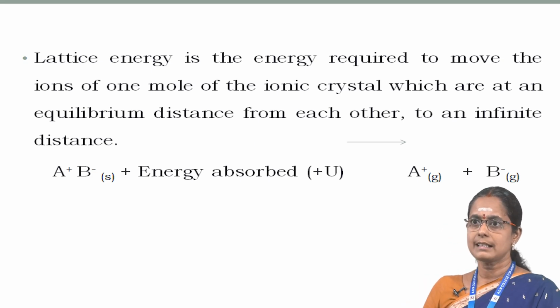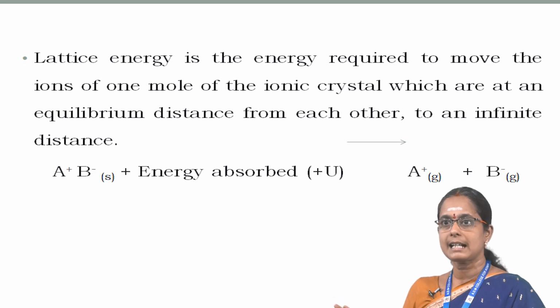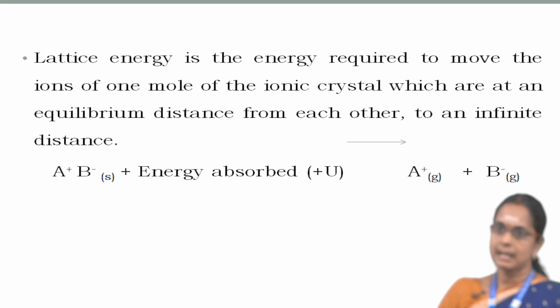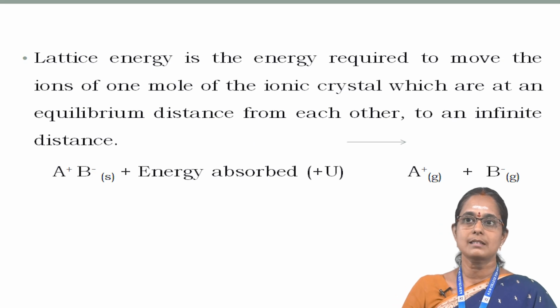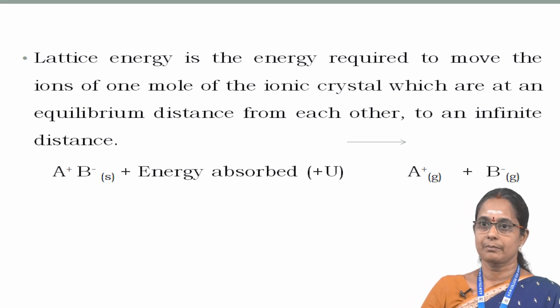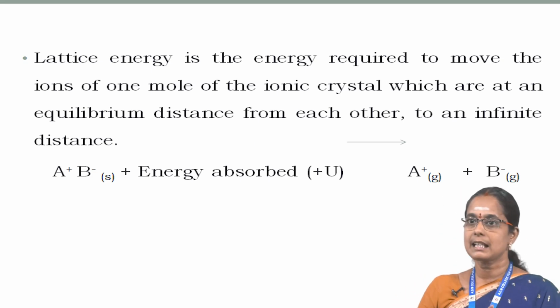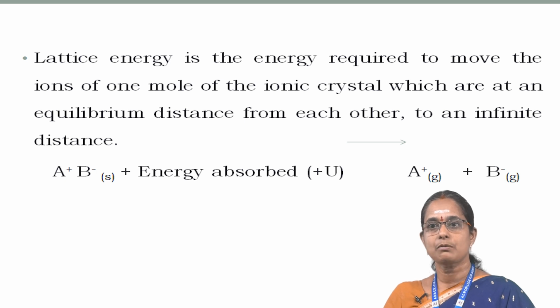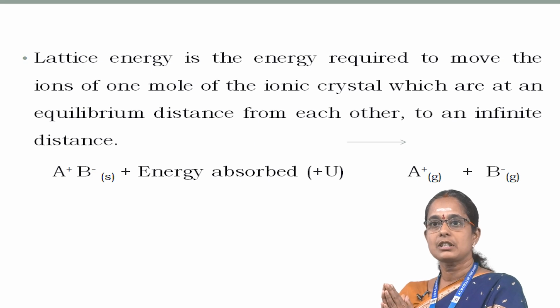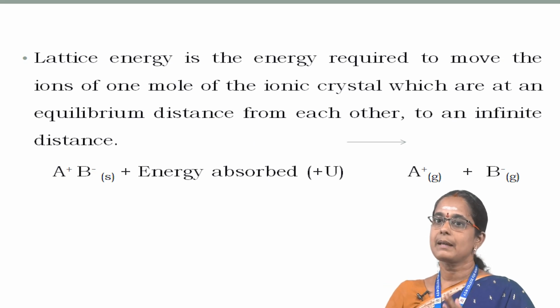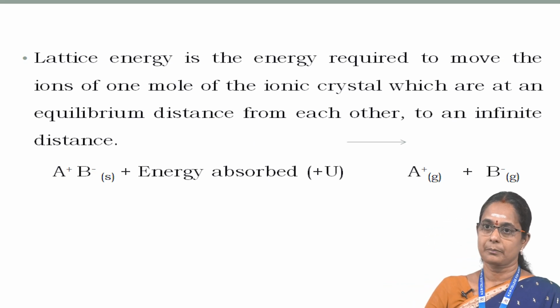In many cases it is not possible to measure the lattice energy directly, but the Born-Haber cycle devised a cyclic process to find the lattice energy. The Born-Haber cycle can be explained by taking the formation of sodium chloride from elementary solid sodium and elementary gaseous chlorine. Let us make the following assumptions.